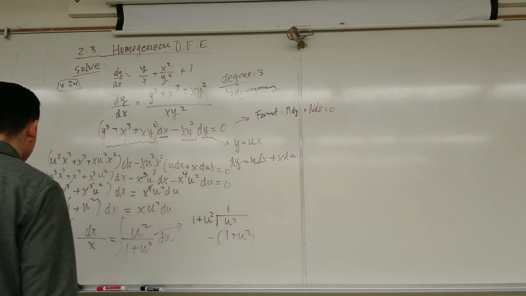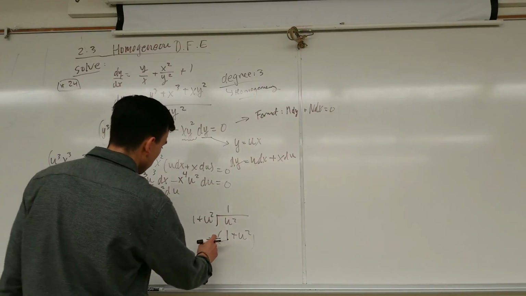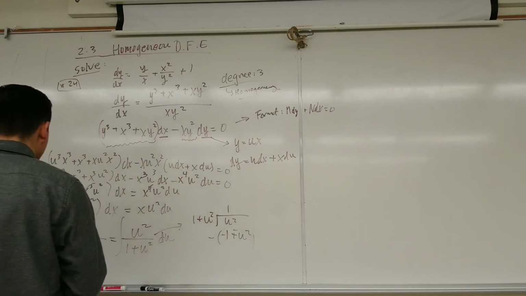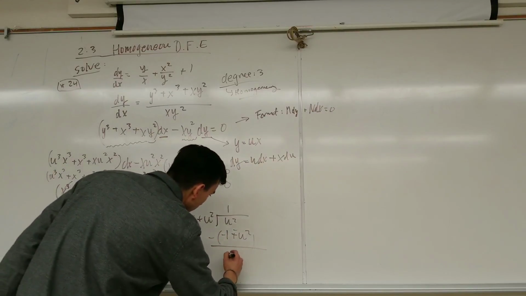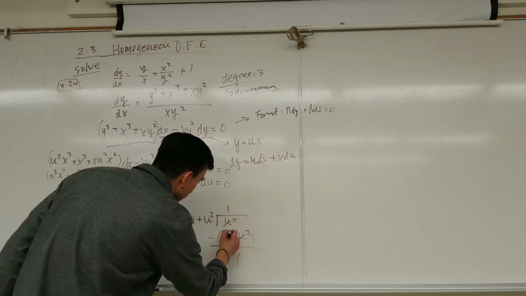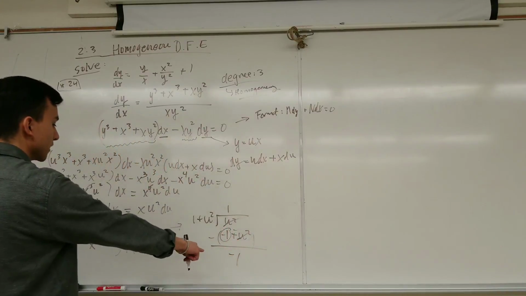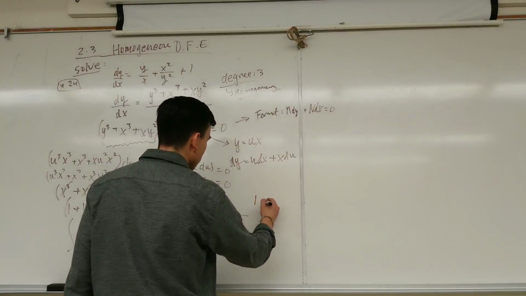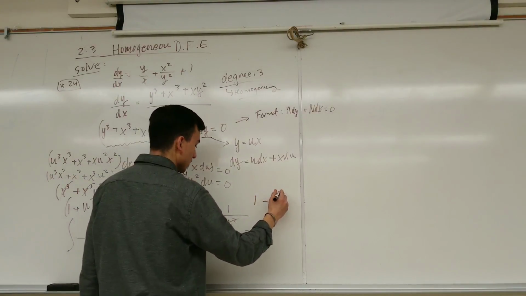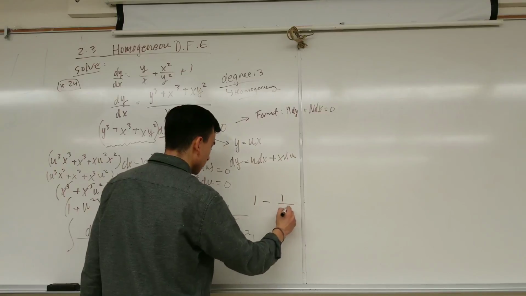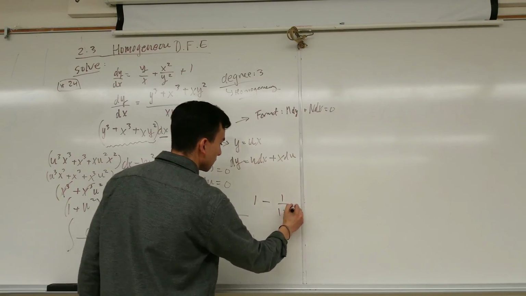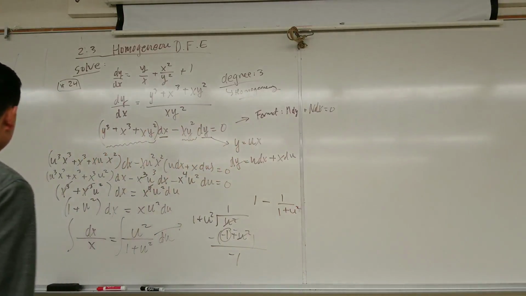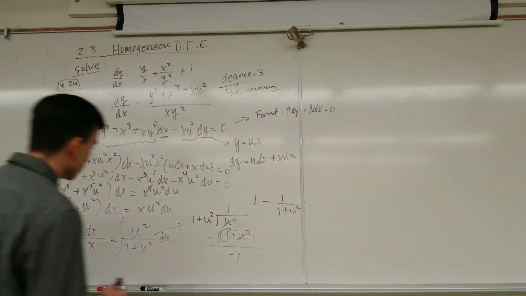All right, so if I do the computation, all I'm left with is a -1, right? So I'm left with a -1, and then this is going to equal 1 minus 1 over 1 plus u squared, and du.